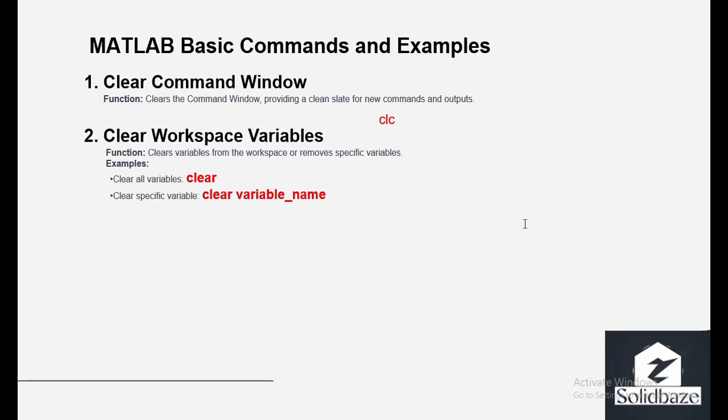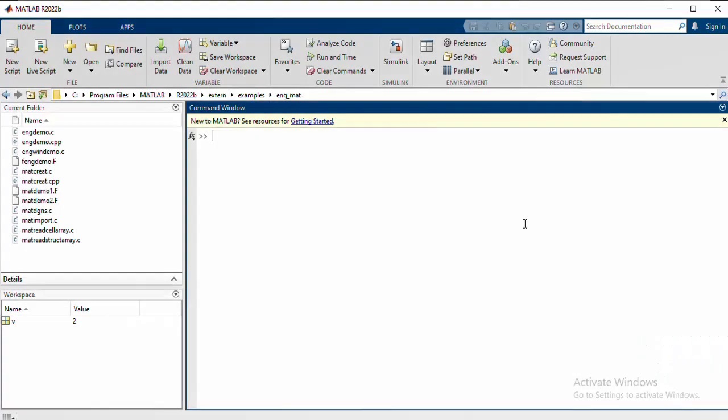Okay, so we move to the next basic command, which is clear workspace variable, and this clears the variable from the workspace or removes a specific variable from the workspace. During our previous training, I told you what the workspace is, which is this, and it holds the variable with the values of the variable we declared.